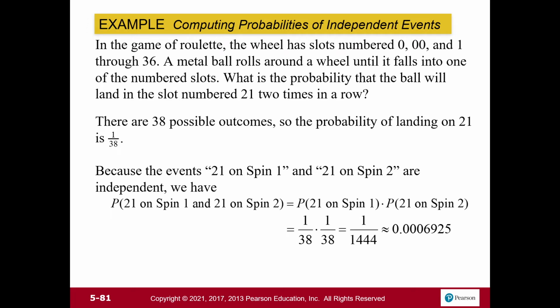Now, when you spin it again to get 21 on spin 2, it's going to be another 1 out of 38. What we need to do is multiply those two probabilities: 1 over 38 times 1 over 38, and we actually get 1 over 1,444.